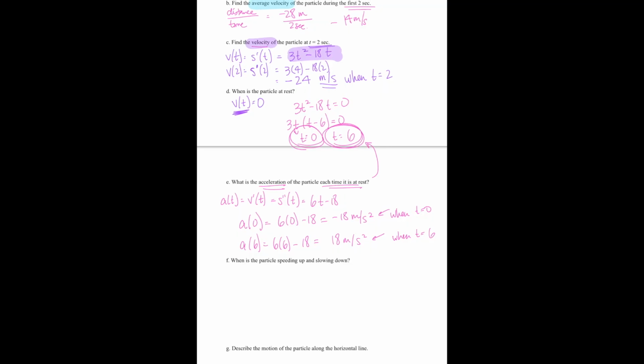Okay, now this question is unbelievably important. F, all right? Question F. When is it speeding up and slowing down? You're going to see questions like this all the time. Like, I can't even begin to express how important this is. So what you want to do is set up a number line.